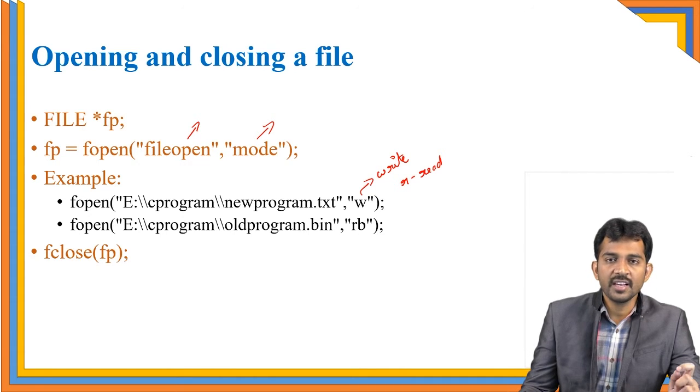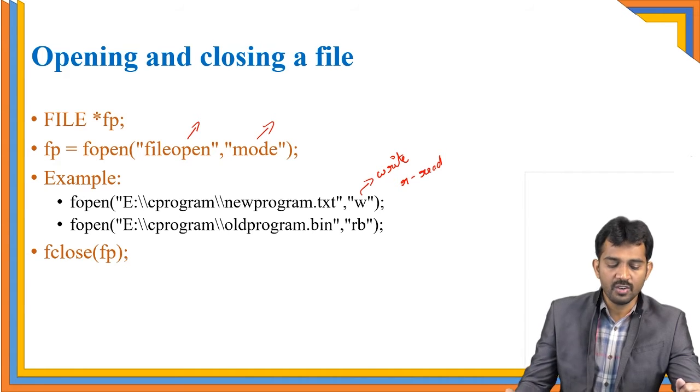If you open a file in the write mode and the file does not exist, it is going to create the file. If the file already exists, it is going to overwrite the data. Append means if the file is not available, it is going to create the file. If the file is available, then it is going to add the data. That is the difference between append and write. We'll see one by one.